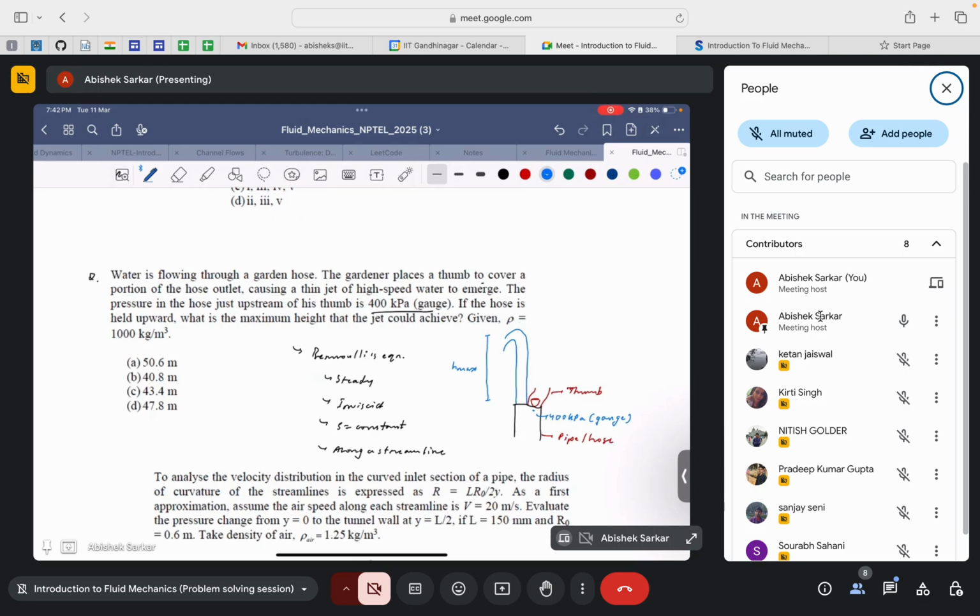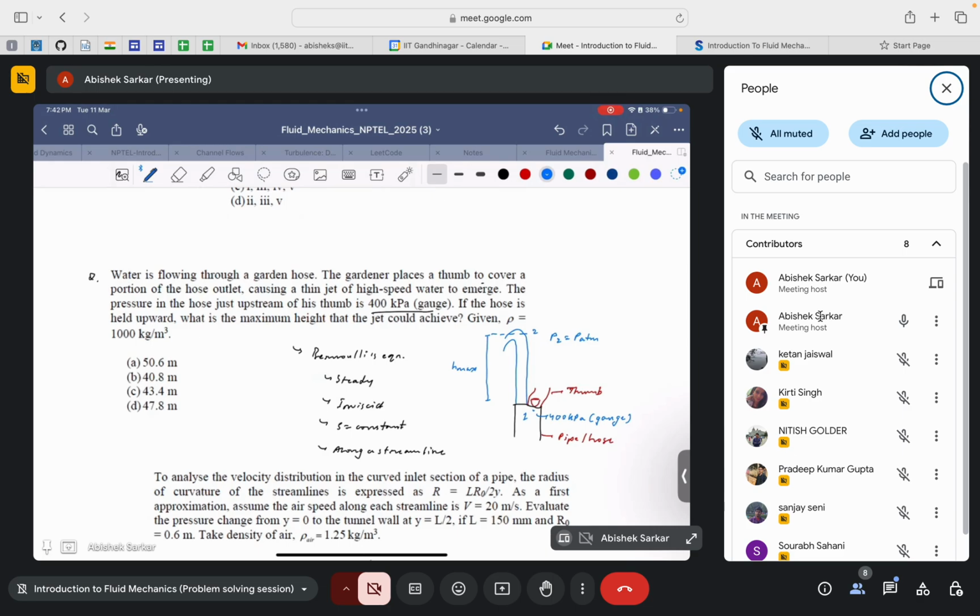Okay, so let us consider this as point 1 and the maximum height as point 2. So pressure at point 1 is known. What would be the pressure at point 2? Point 2 would basically be at atmospheric pressure.